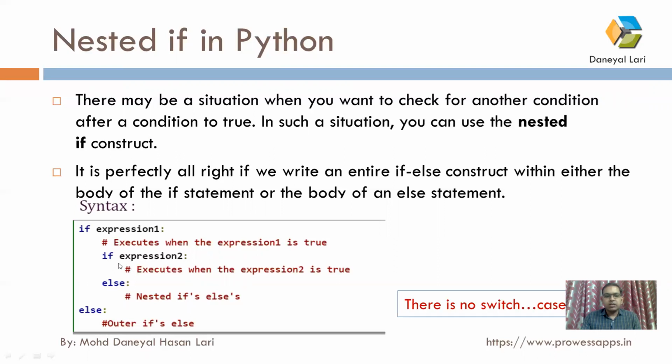If you want a statement to be under the control of the nested if, it should be indented under that if statement. This else is part of this if, and this else is part of this if expression. This is the outer if else block.